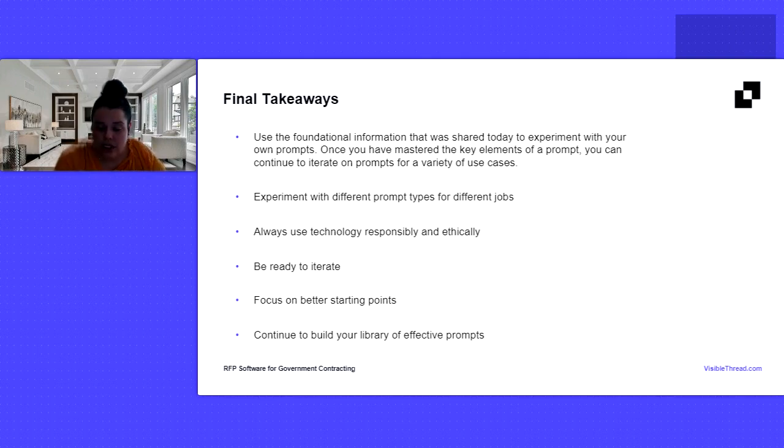You want to generate content, but it is unlikely, and really not ideal in a lot of cases, to get a full response offhand. So if you have something very complex, breaking that down, iterating, and expanding on specific areas can be the best approach. Focus on getting better starting points. The goal with generating content specifically is not to run a prompt or a series of prompts and get to an end goal.